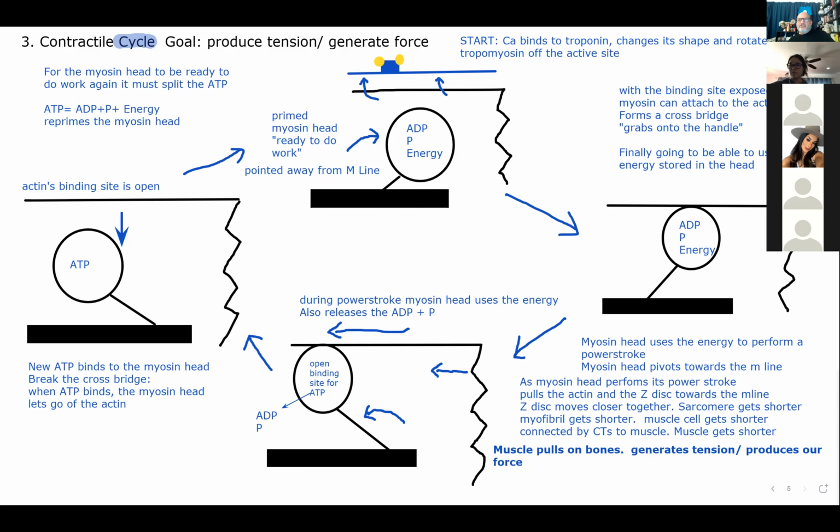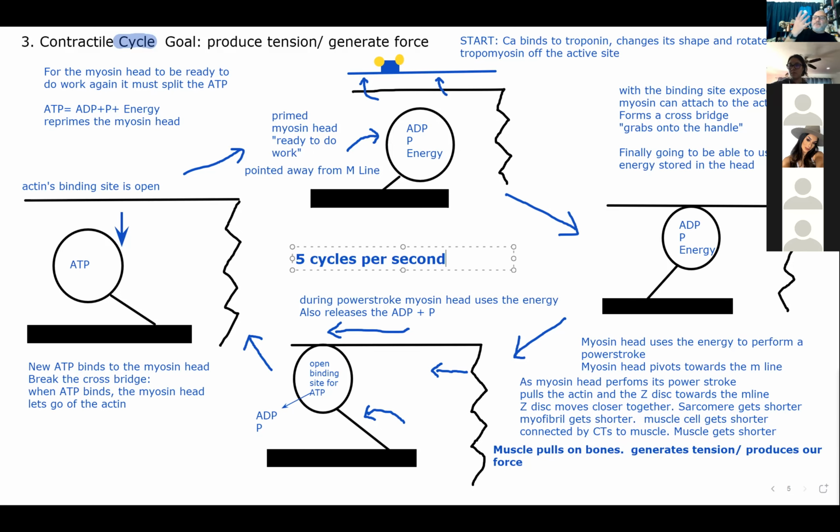This process occurs at a rate of about 5 cycles per second. So a myosin head grabs and pulls, lets go, and reprimes 5 times in a single second.